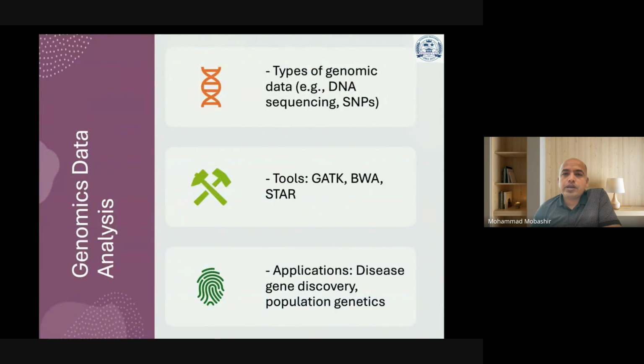So first thing is types of genomic data: DNA sequencing, RNA sequencing, SNP profiling. So basically we can say microarray, NGS, single cell sequencing.